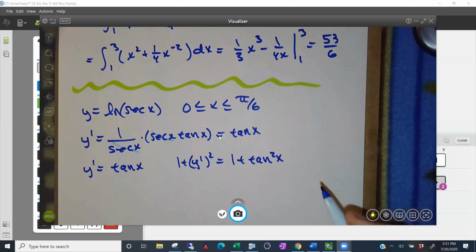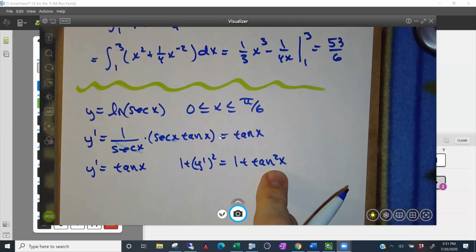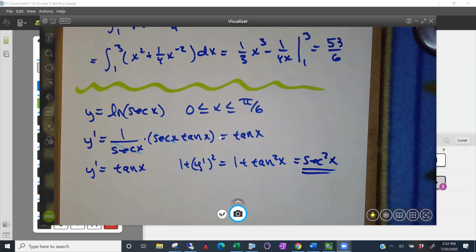So, okay. 1 plus tangent squared. Does that remind anybody of something? That's secant squared. Yeah, nice. So that's secant squared, and that's what you need on this one.